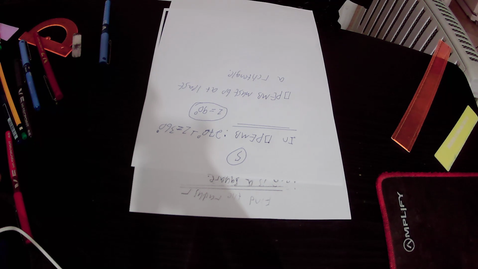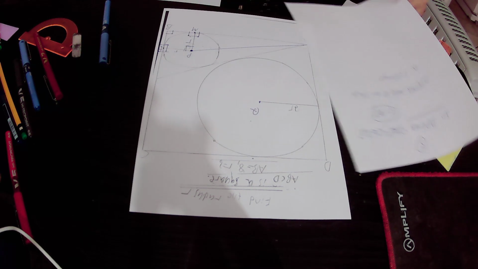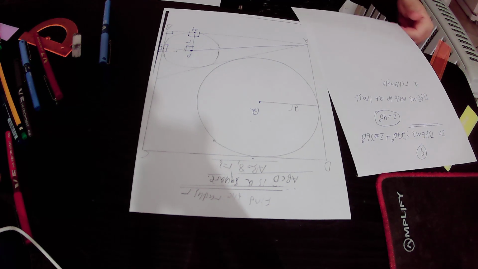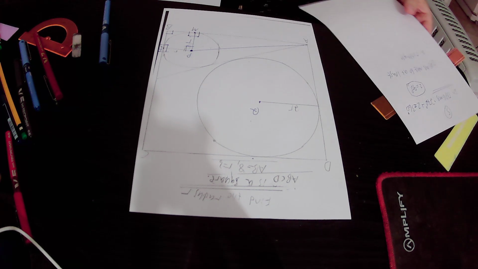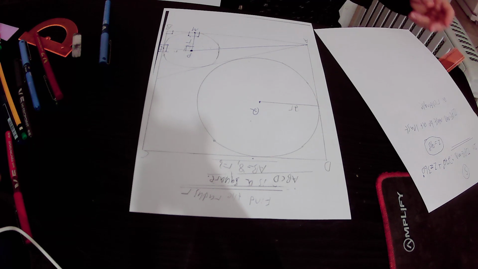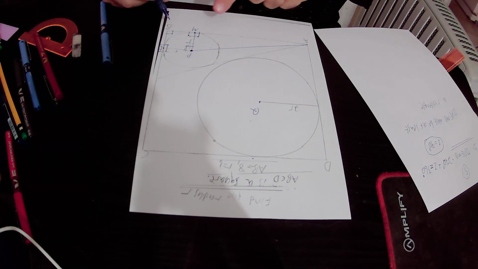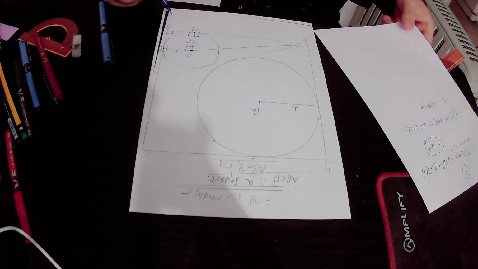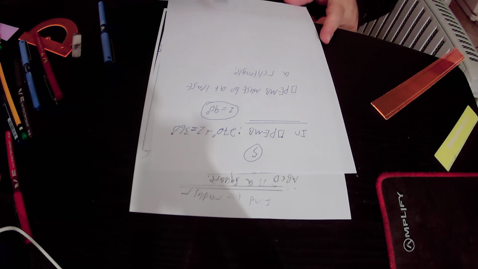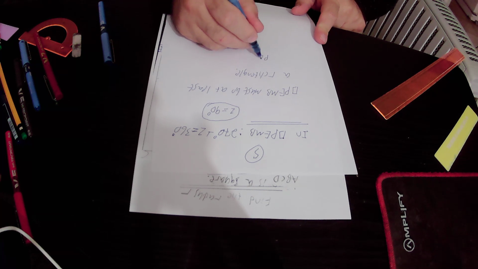We have a rule that states that the opposite sides of a rectangle are equal to each other. That is to say, PE equals MB. According to the rule that I mentioned, PE equals MB.